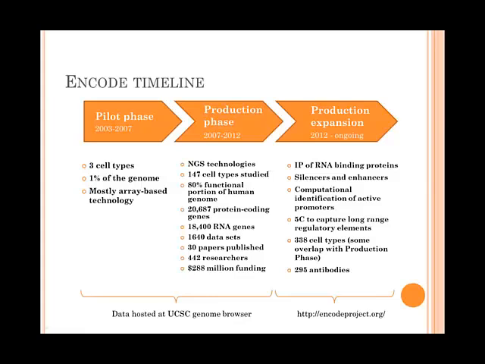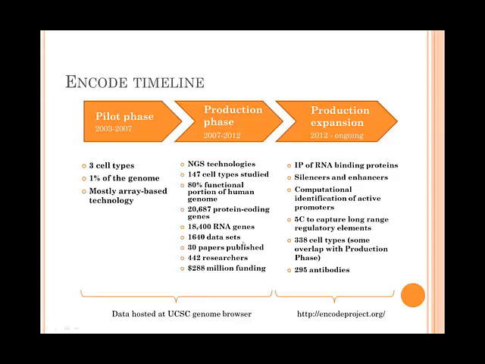They mostly adopted next generation sequencing. And at the end of this phase, they claim that 80% of the functional portion of the human genome has been annotated, and the data they collected are looking at over 2,000 protein coding genes and over 18,000 RNA genes.